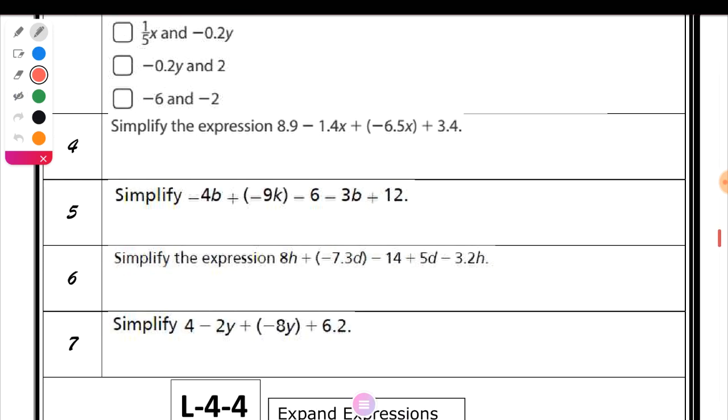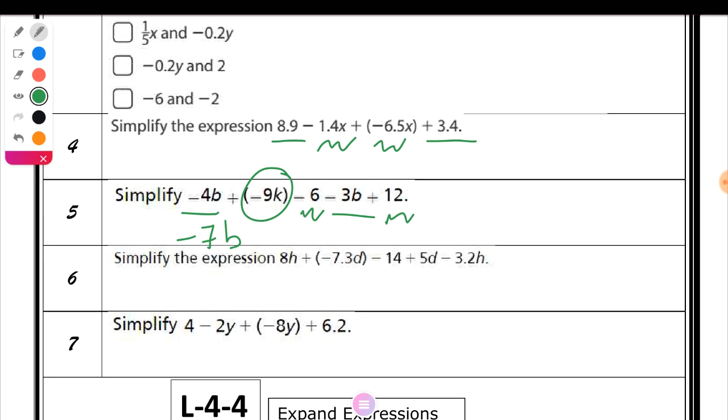Next. 4. Simplify, collect like terms. I think it's easy. 9 with 4, x with x. Finish it. Second, same, b with b, 12 with 6. And k is separated, so it will be in the last. So negative 4b minus 3b, negative 7b.